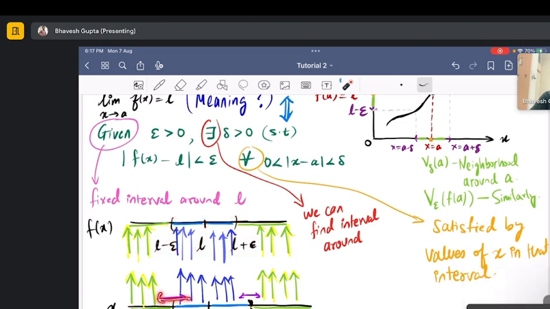I can adjust this. It's in my hand. This is not in my hand because you have given me that interval, but I can adjust this interval. I can always find an interval such that all these points over here will get mapped inside this interval, but not those points which are outside the interval.